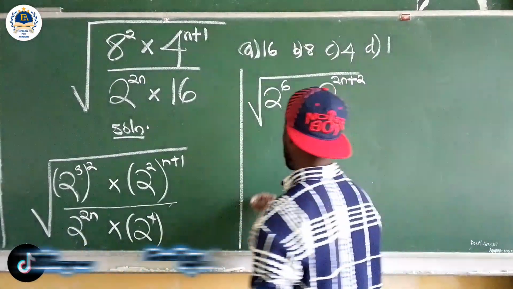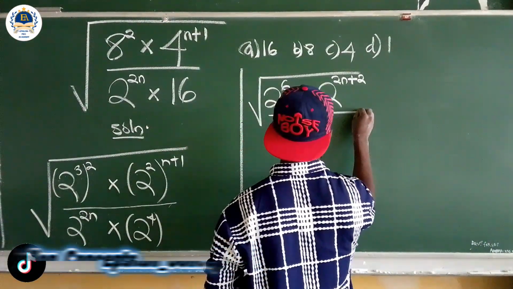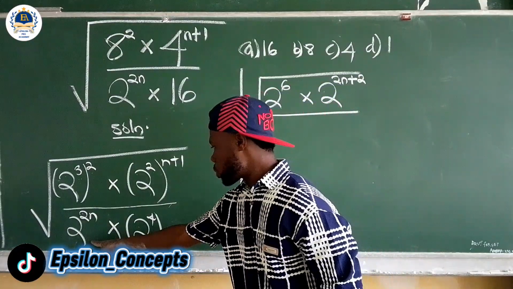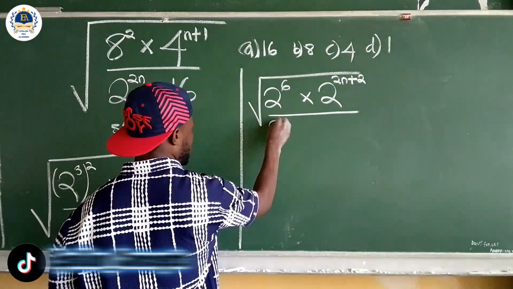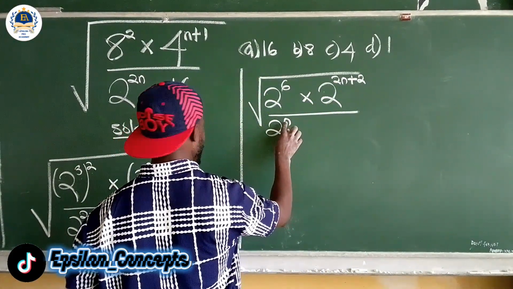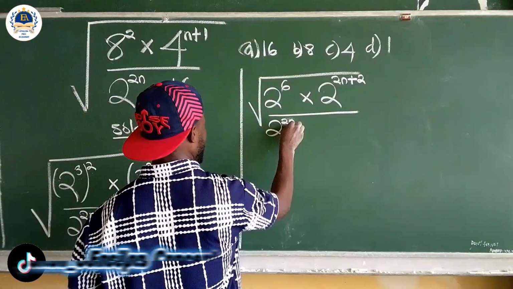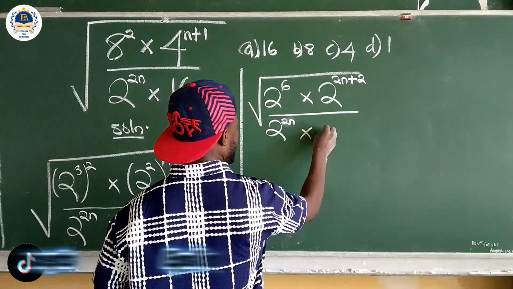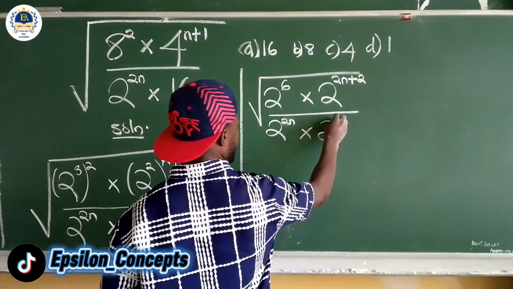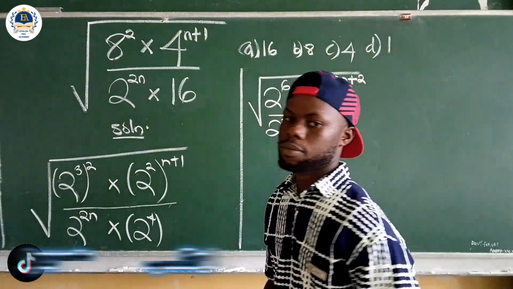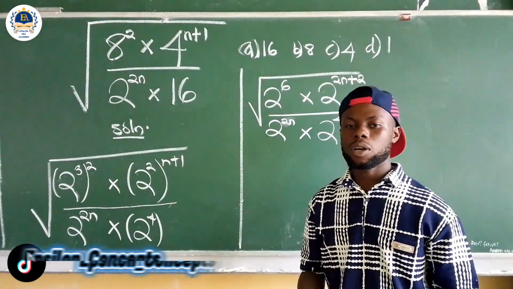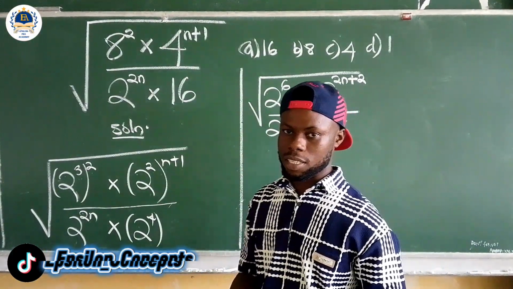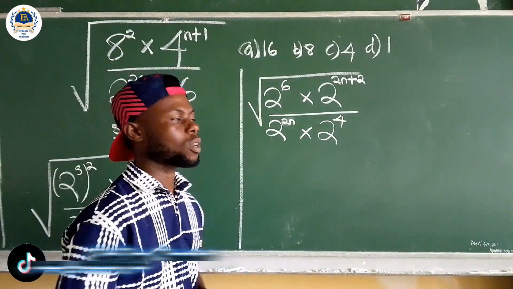Let's do the same to the denominator. In the denominator, we have 2 raised to the power of 2n times 2 raised to the power of 4. We are going to apply another law of indices, which is called the multiplication law.